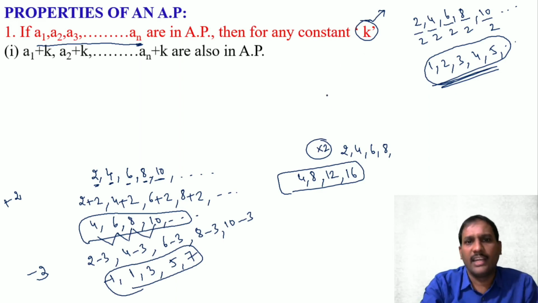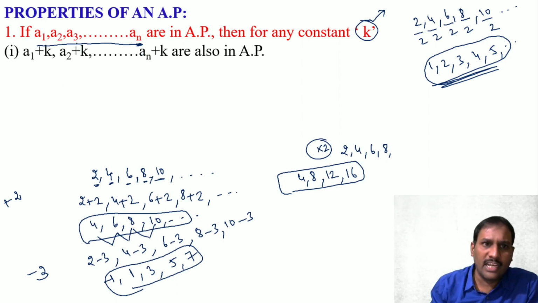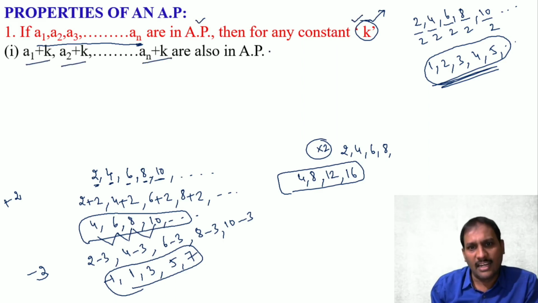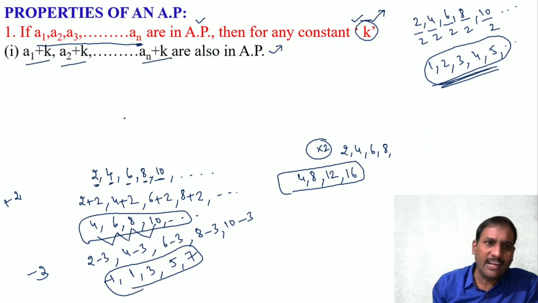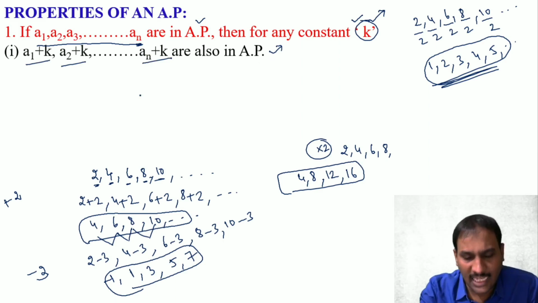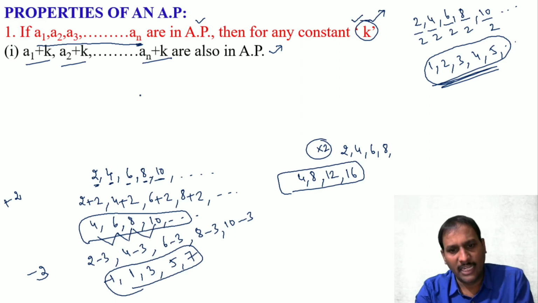So here it goes like this. If A1, A2, A3, An are in AP, then for any constant k, A1 plus k, A2 plus k, and An plus k are also in AP. So if you add a constant, the resulting sequence also forms an arithmetic progression.